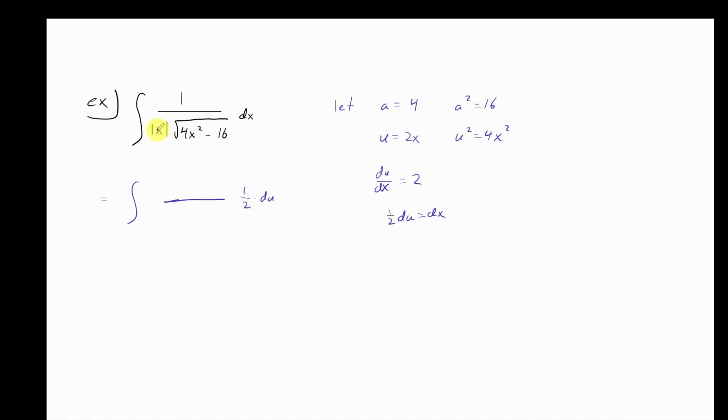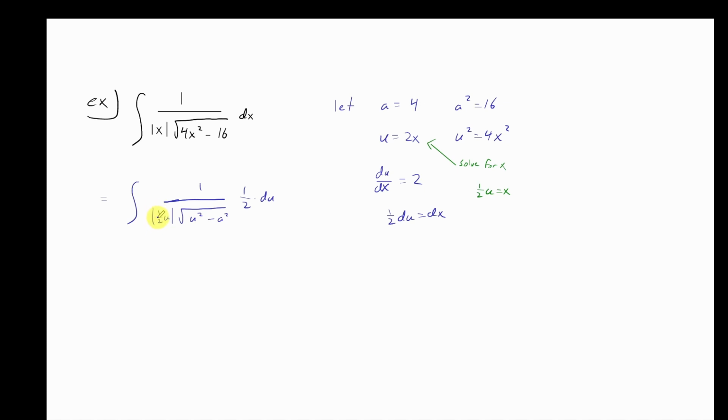I have an x here, but u is equal to 2x, so this isn't equal to u. I have to solve this for x. And if I do, I get 1/2 u equals x. So I'm going to replace this x with a 1/2 u. The 4x squared we said was u squared. 16 is a squared. We're in pretty good shape, but I'm going to do one more step.